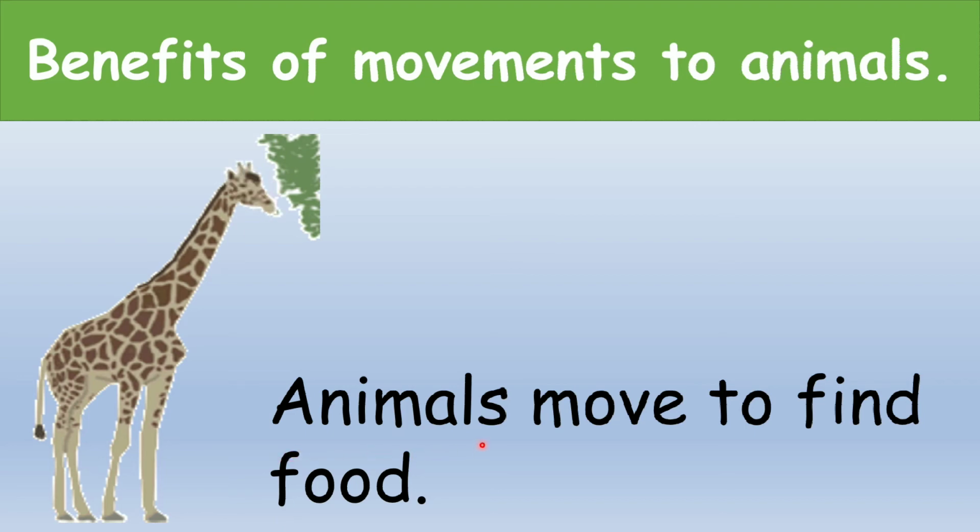Therefore, animals, for example, a giraffe or monkey or lion or a tiger or a crocodile, animals move to find food. So the first benefit of movement to animals is in search of food.